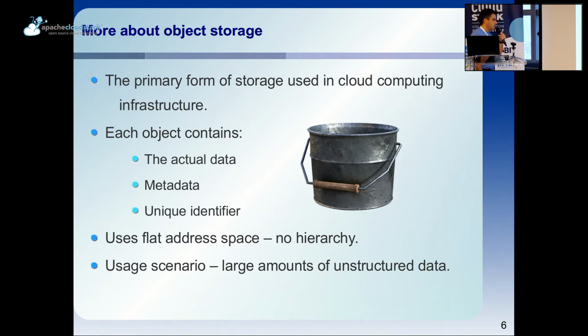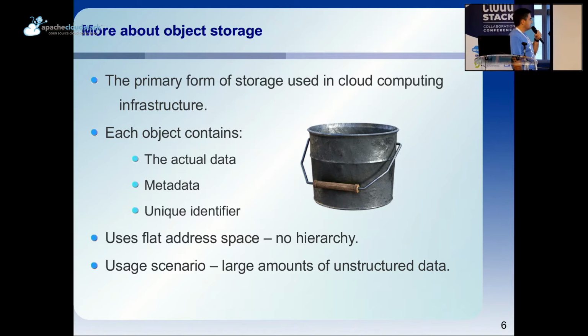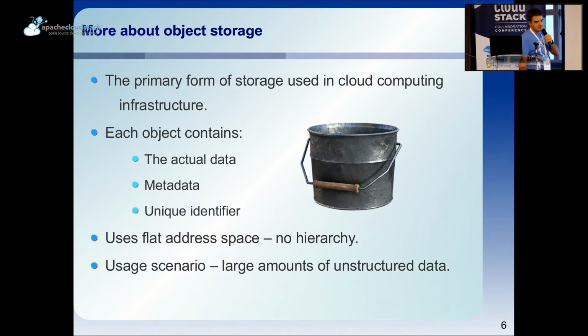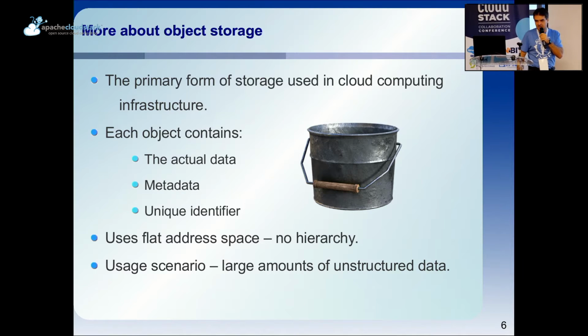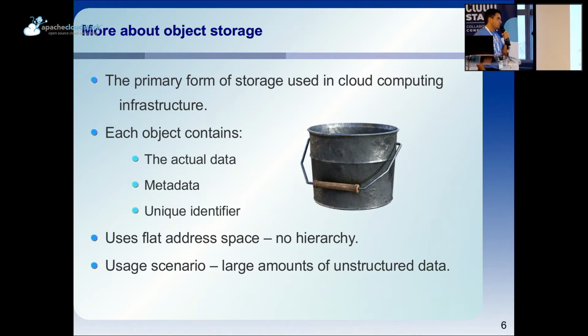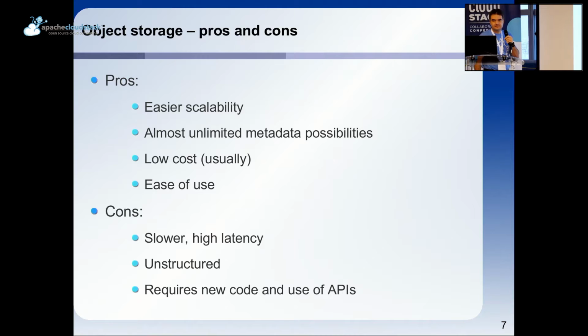Metadata could be almost unlimited, as we can see later. It has a unique identifier. And another typical thing is that it doesn't have any hierarchy, which might be a plus or a minus depending on your needs. Usually it is used when you have to deal with large amounts of unstructured data.